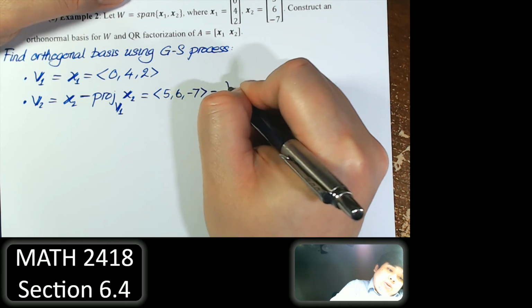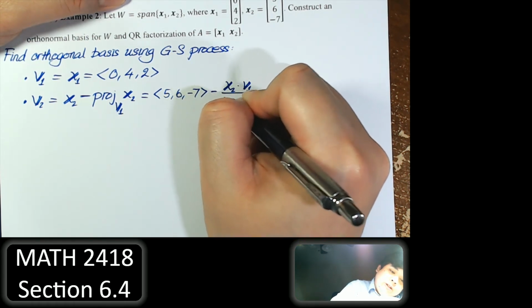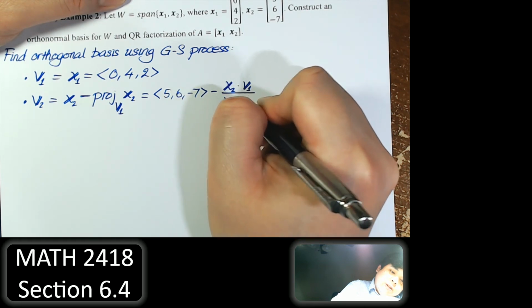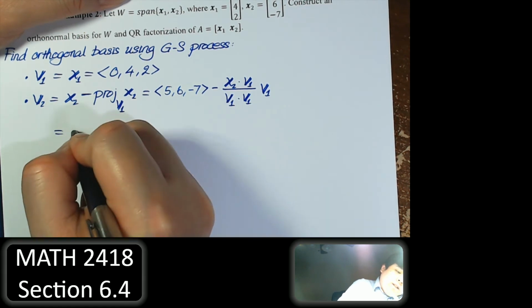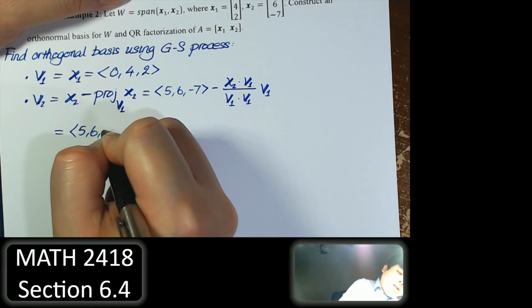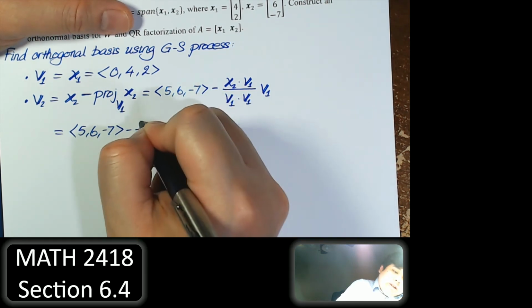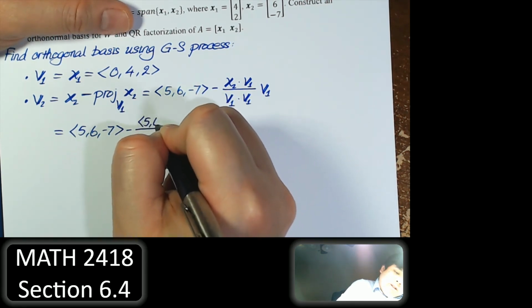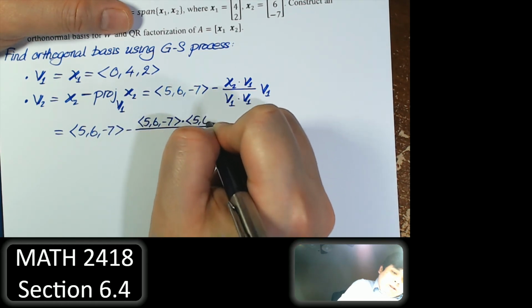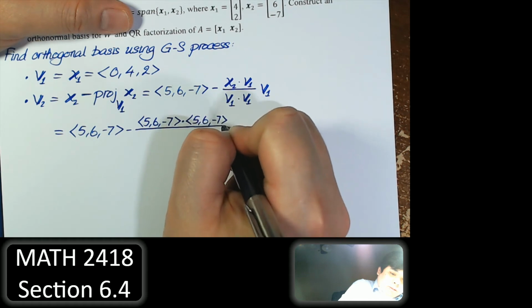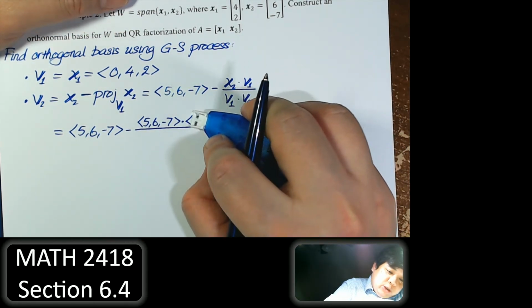So x2 onto v1: 5, 6, minus 7, with v1 being 0, 4, 2.